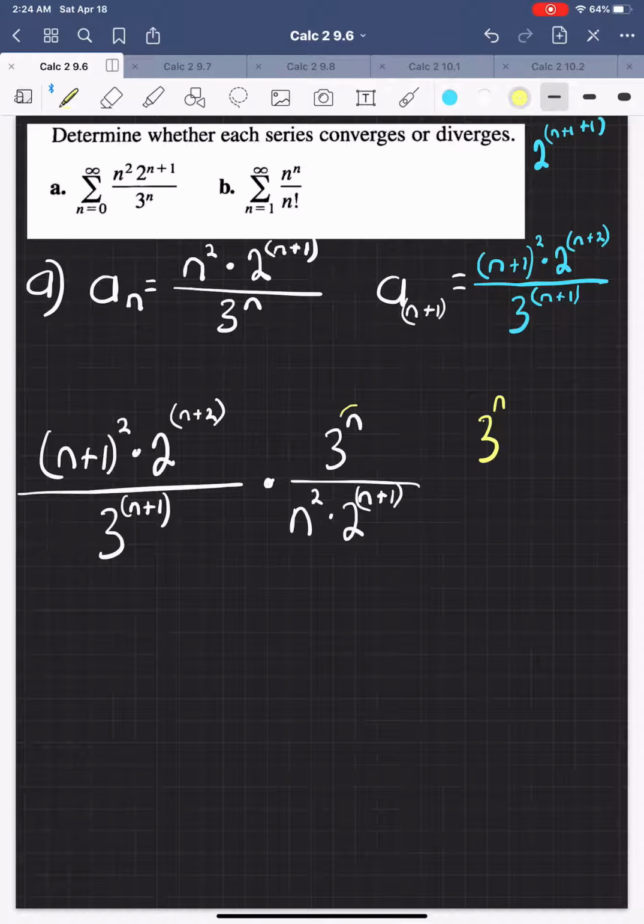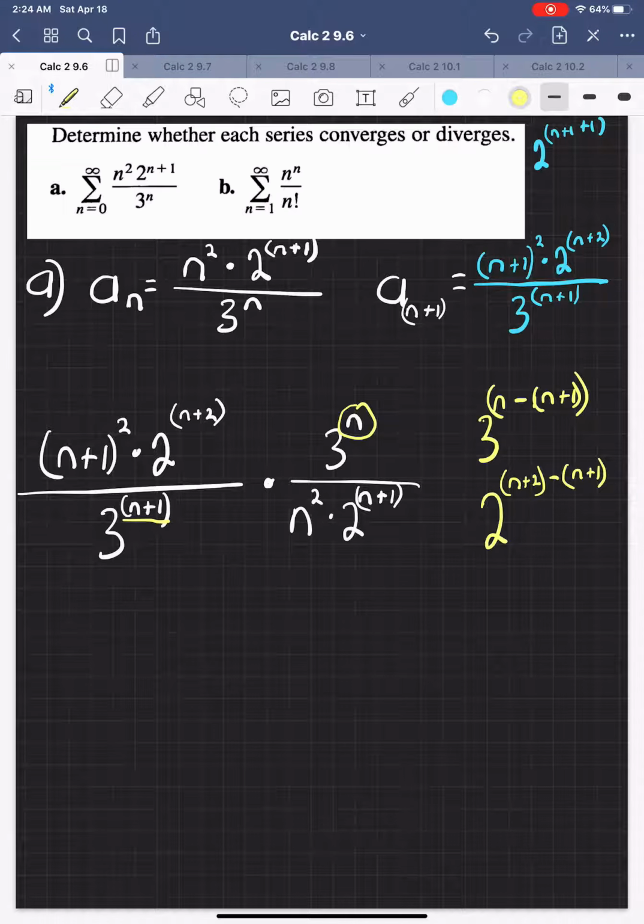If we have n here and n plus 1 here, that's 3 to the n minus n plus 1. We also have 2 to the n plus 2, now minus n plus 1.